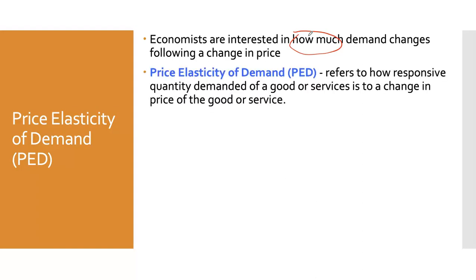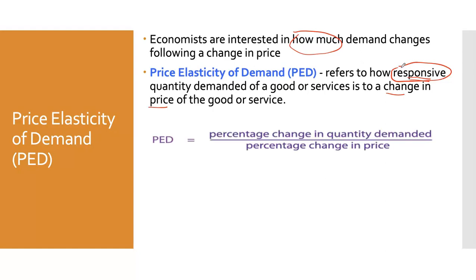The price elasticity of demand is a concept where we think about how responsive quantity demanded of a good or service is to a change in price. I have underlined responsiveness, and it is really important when you're talking about anything to do with elasticity, you use the word responsiveness or responsive, and I'll use that as much as possible.